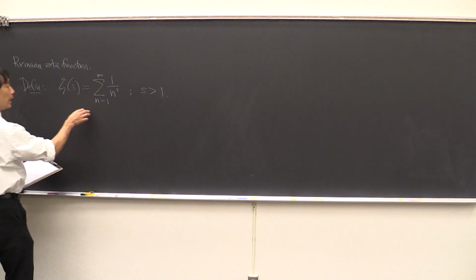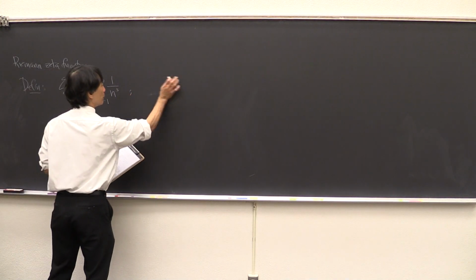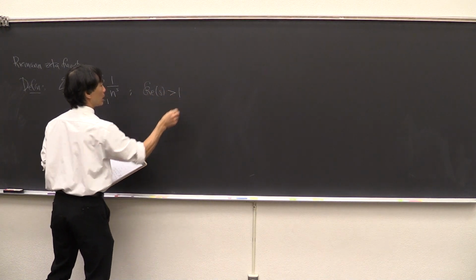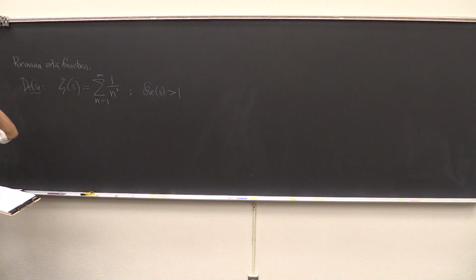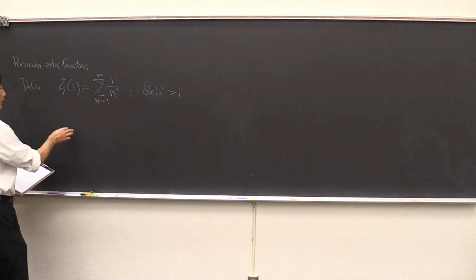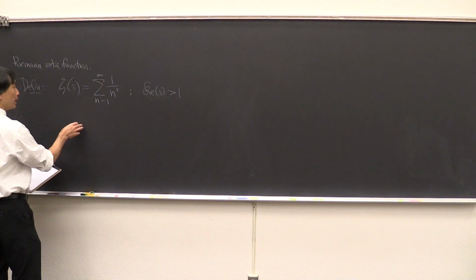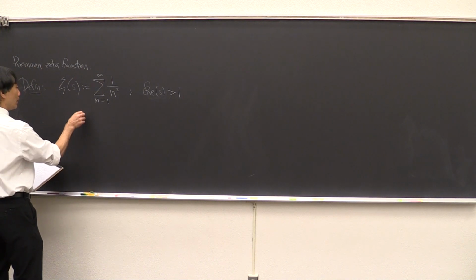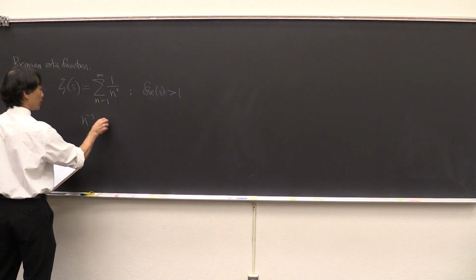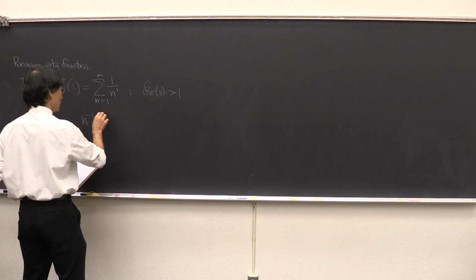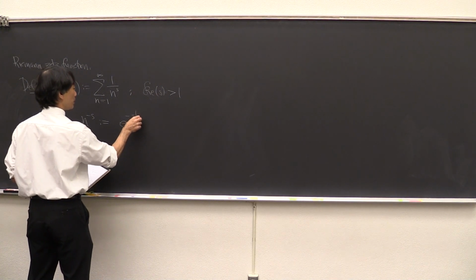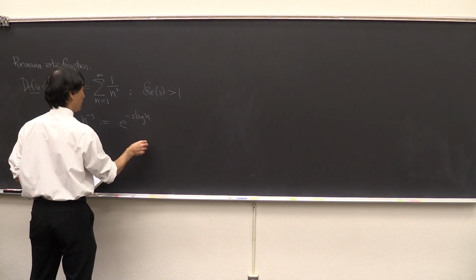It's pretty easy to see that if we change this to complex numbers and look at the complex numbers whose real part is greater than 1, then you also have a convergent series. The reason being that if you look at n to the negative s, that is by definition e to the negative s log n.